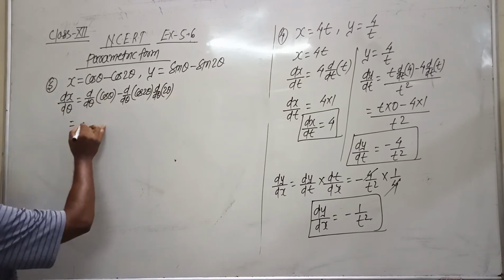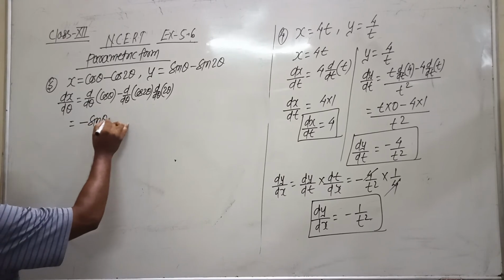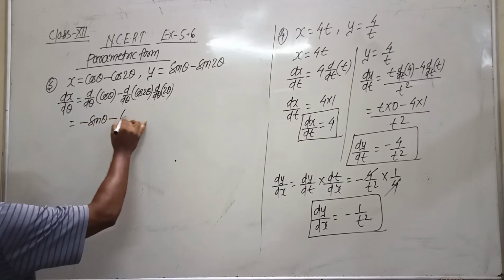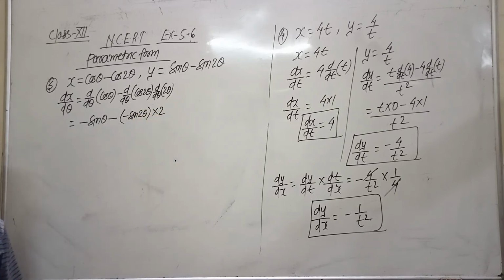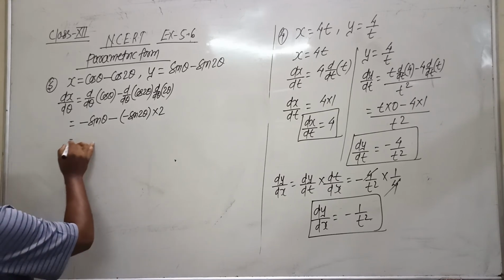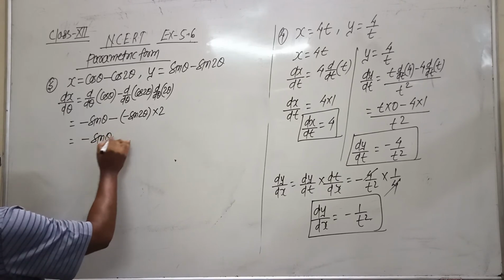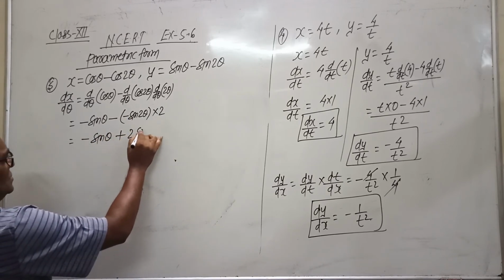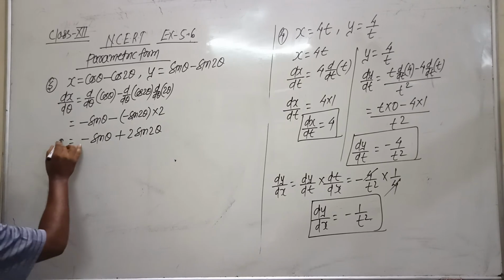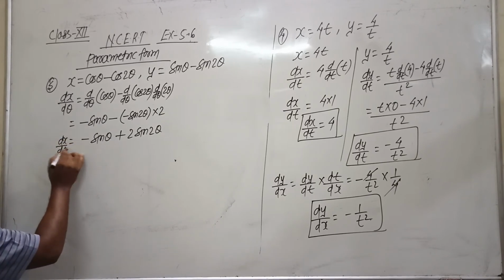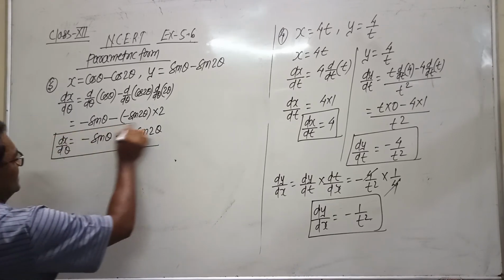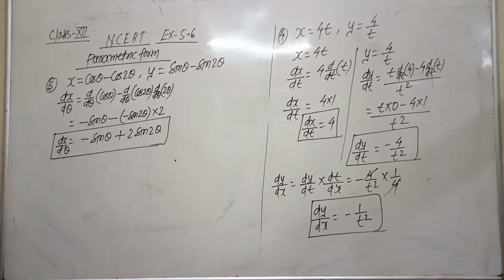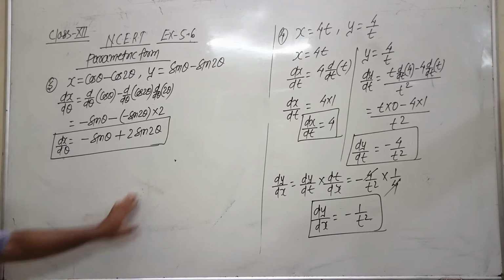The differentiation of cos theta is minus sin theta, differentiation of cos 2 theta is minus sin 2 theta, and differentiation of 2 theta is 2, because d by d theta of theta is 1. So minus sin theta, and minus minus plus 2 sin 2 theta. This is the value of dx by d theta: dx by d theta is minus sin theta plus 2 sin 2 theta.